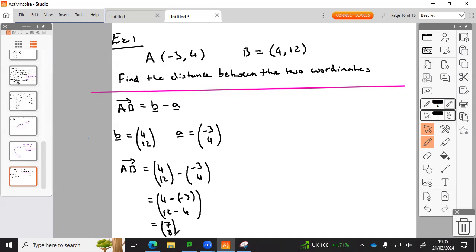So vector AB, all right, from coordinate A to coordinate B can be described in component form as 7 along the x-axis and 8 up the y-axis.